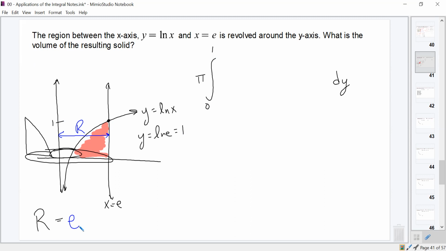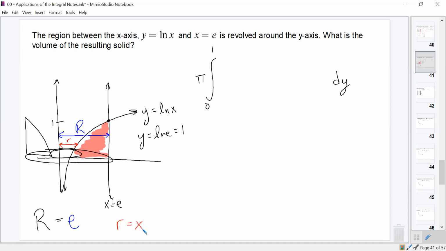And then our inner radius, which should extend from the line we're revolving around to the left bound of the region, should be that entire distance that we just saw, that full outer radius. Actually, it should just be the distance from the y-axis to the function. Right? The distance from the y-axis to a function is always just x.